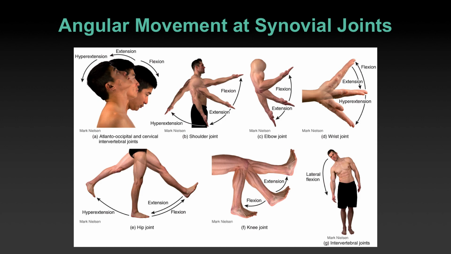Sometimes it's easy to understand flexion and extension. Other times, depending on the joint, it seems backwards. So usually in the sagittal plane, some exceptions are shown here. Lateral flexion is not in the sagittal plane, that's in the frontal plane. And we qualify it by calling it lateral flexion.